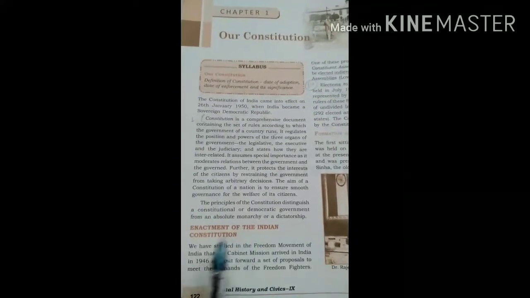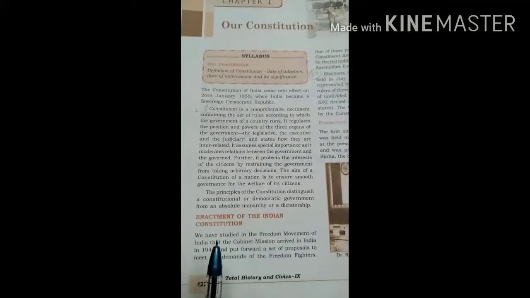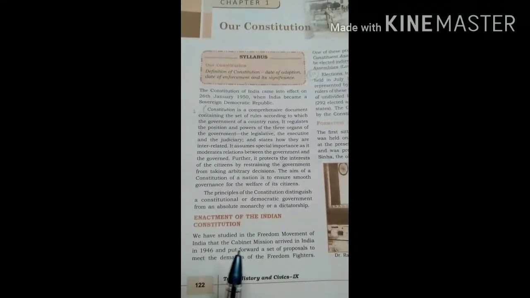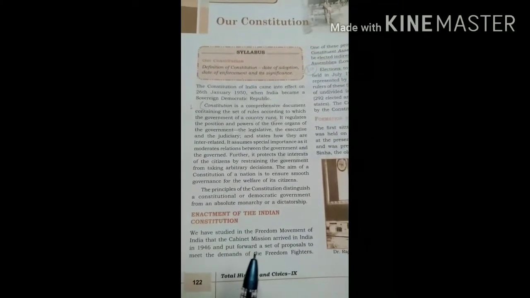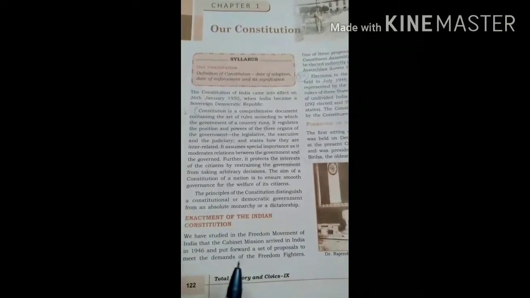Now, enactment of the Indian Constitution. We have studied in the freedom movement of India that the Cabinet Mission arrived in India in 1946 and put forward a set of proposals to meet the demands of the freedom fighters.